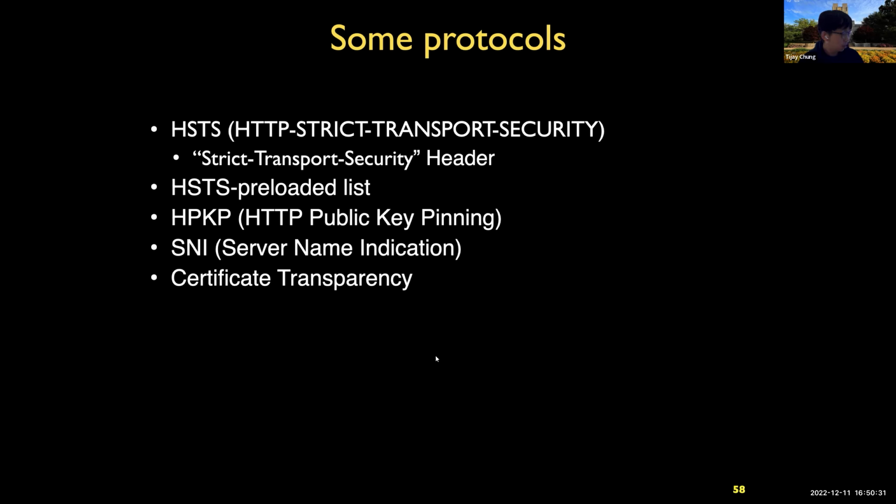To solve this limitation, SNI was proposed. During the TLS handshake process, the client can say, hey, this is the domain name that I'd like to visit, so please return the certificate that matches this domain name, okay? SNI can cause some privacy concerns because the SNI field is the only field that reveals the domain name information.